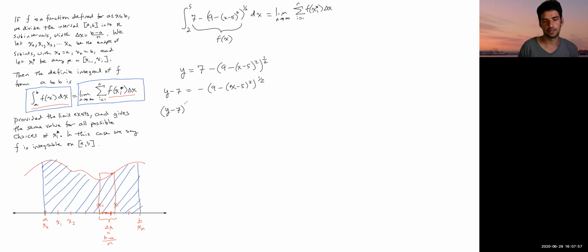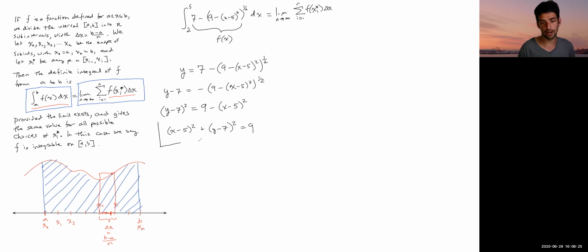Over here, the negative goes away when I square it, and I get rid of the radical, the 1/2 power, the square root here, to get 9 minus x minus 5 squared. And now I'm going to add that x minus 5 squared to the other side, and I get this: x minus 5 squared plus y minus 7 squared equals 9.